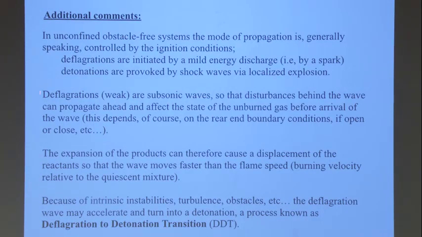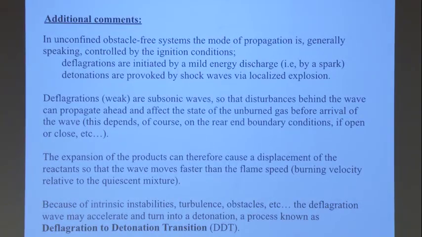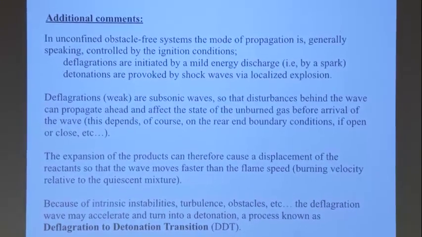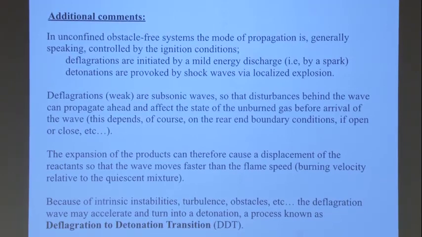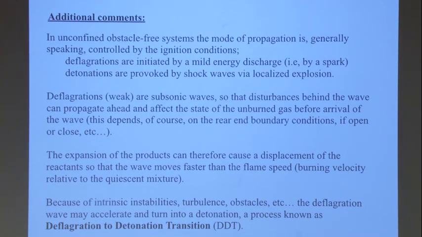The second comment that I made here is that deflagrations are weak subsonic waves. So the disturbance behind the wave can propagate ahead and affect the state of the unburned gas before arrival of the wave. In other words, they are essentially an elliptic system of equations, and so the solution may depend on what is going on in all the boundaries around, and so the boundary condition can affect the propagation itself.